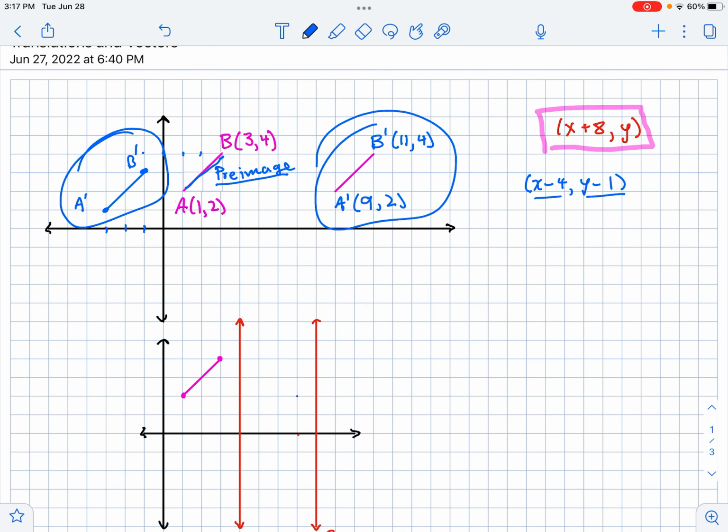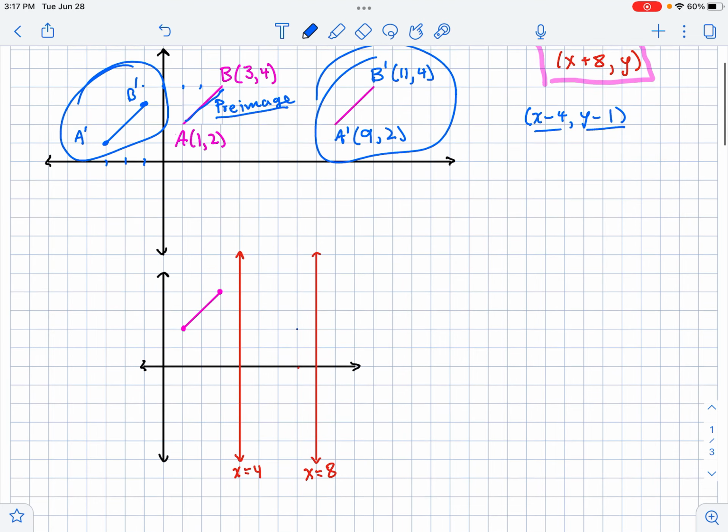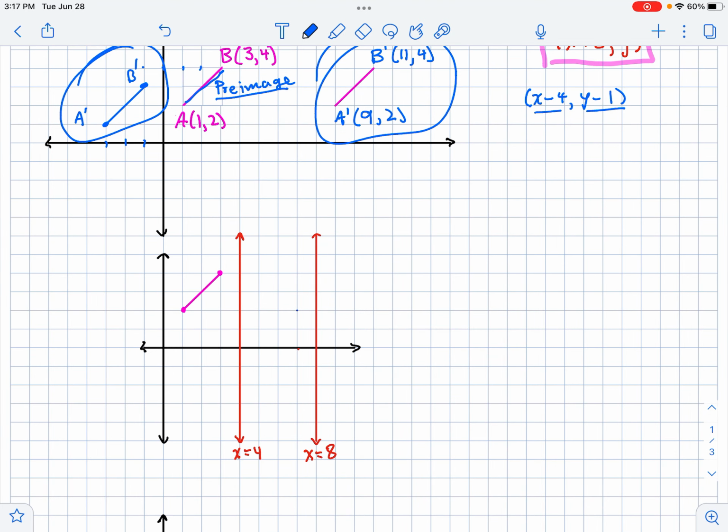Now I want to go back and look at this thing where we move the thing 8 places to the right. And look at this. This is something that's pretty interesting. Let's suppose we have this same pre-image over here, on this grid. Now what I want to do is reflect this in the x equals 4.